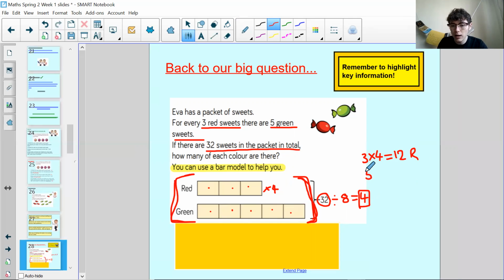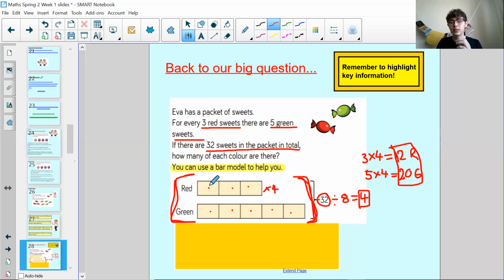So we do 5 times 4 equals 20. And then we've got 20 green sweets. So this is our answer: 12 red sweets and 20 green sweets.